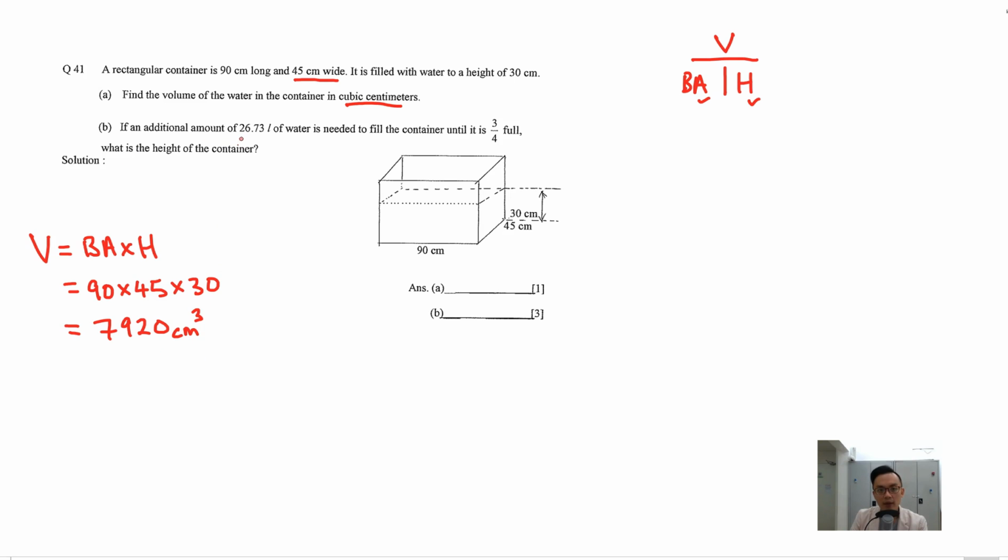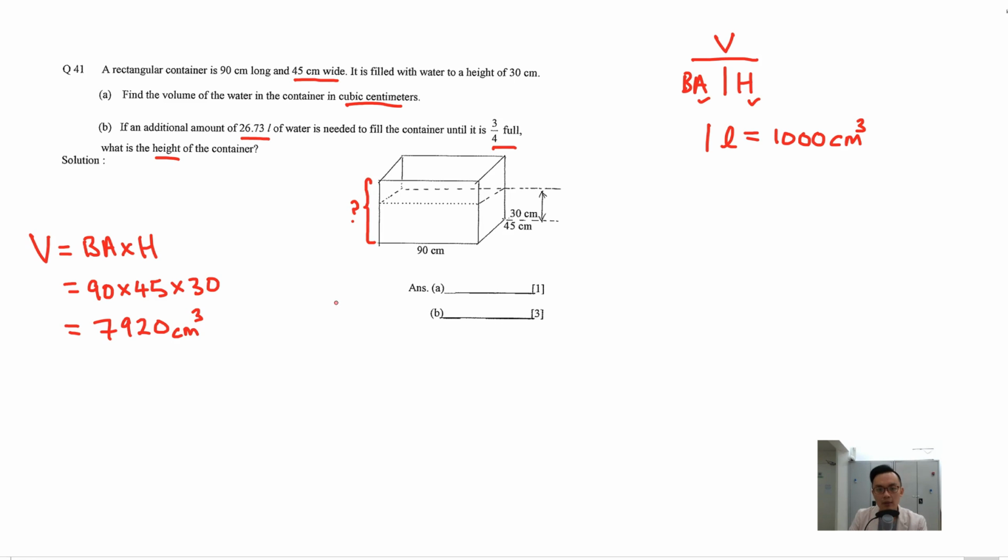If an additional amount of 26.73 liters of water is needed to fill the container until it is 3/4 full, what is the height of the container? So remember, 1 liter equals 1000 cubic centimeters. So what's the height of the container? So I want to find the height.